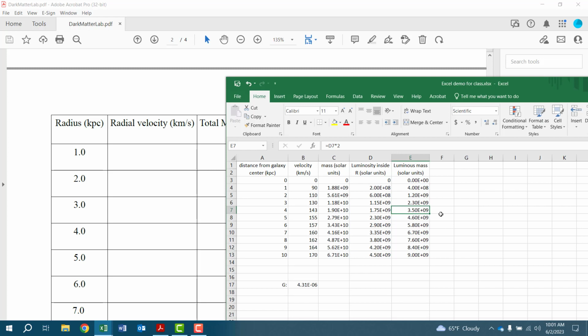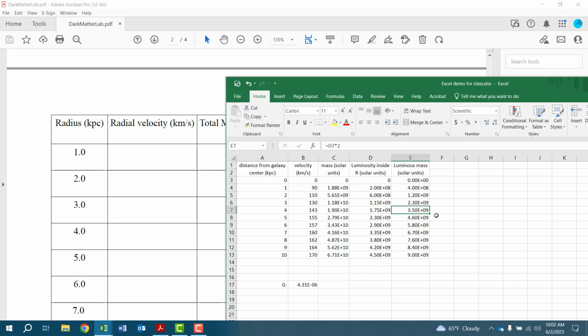So this row that I have highlighted, look at this. According to this data, if we go out 4 kiloparsecs from the center of the galaxy, within that orbit there are 3.5 billion stars on average that are as bright as the sun. Let me rephrase that. The amount of ordinary matter, light-emitting matter, that we can see within that distance is about the same as 3.5 billion suns.